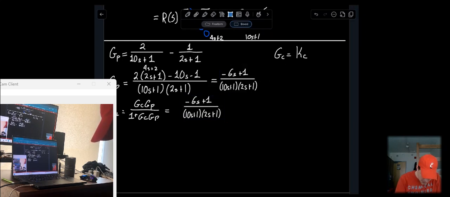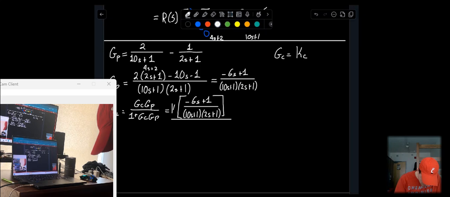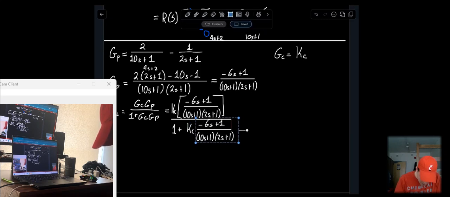So we're going to do that over, well, first times Kc here, over 1 plus Kc times that process gain, right?